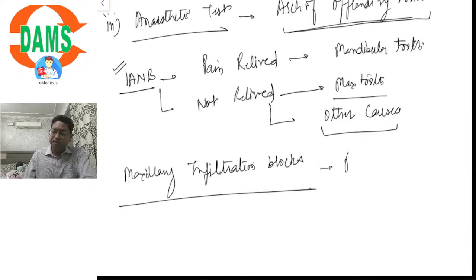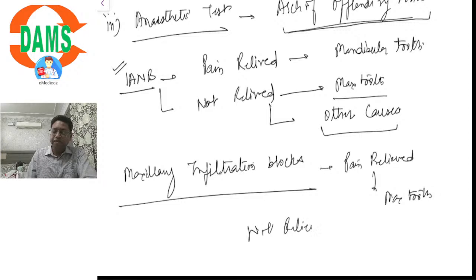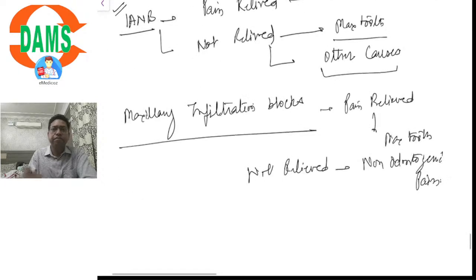If the pain is relieved, then the suspected tooth is a maxillary tooth. If the pain is not relieved, we have to go for further non-odontogenic causes. It can be a non-odontogenic pain.